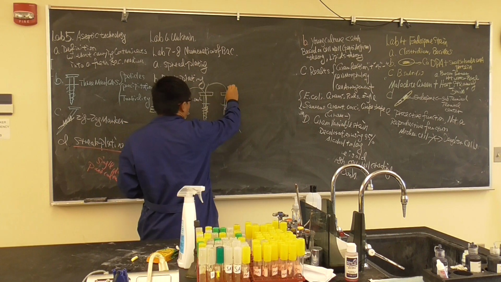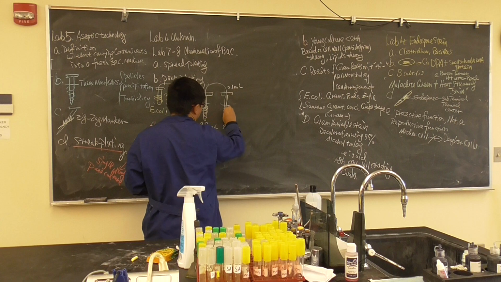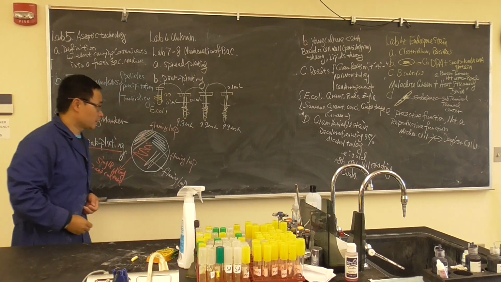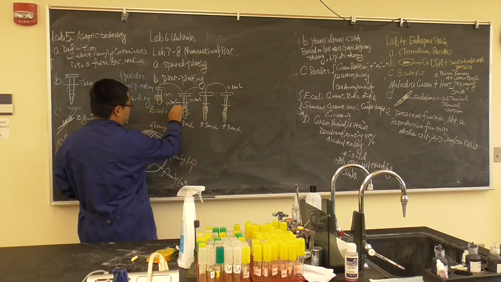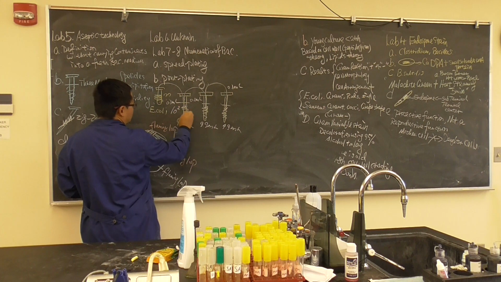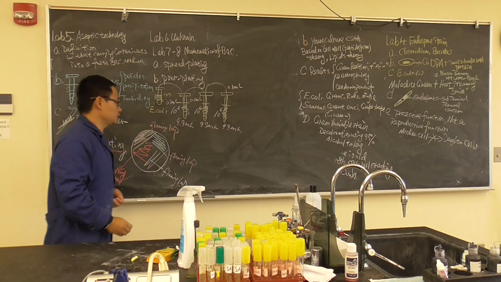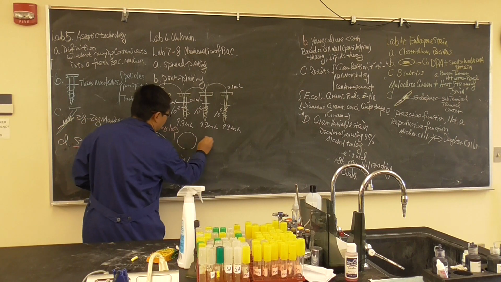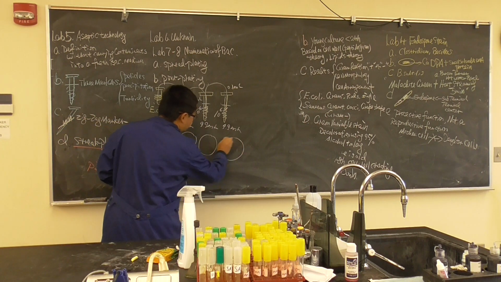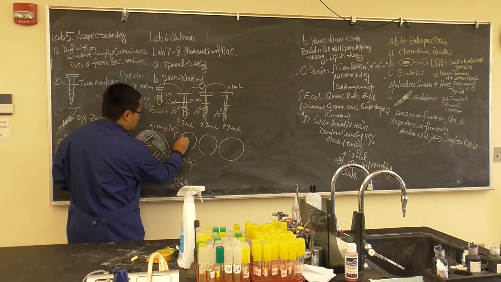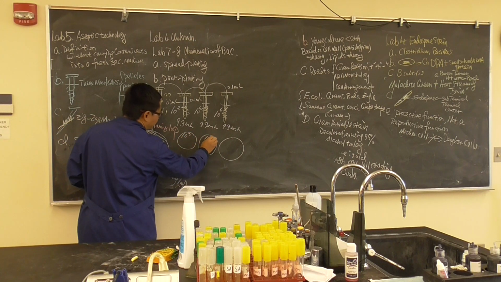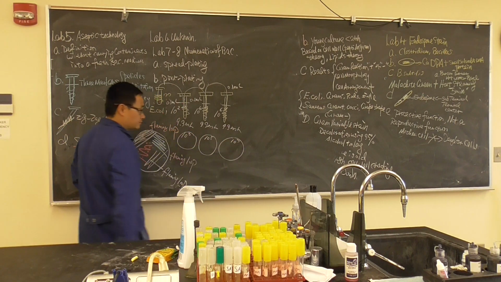Then we add 0.1 ml to the last one, and mix very well. So what is the dilution of the tubes? 10 to the 2, 10 to the 4, and 10 to the 6. What is the dilution factor of the agar plates? 10 times more than the tube dilution. So it will be 10 to the 3, 10 to the 5, and 10 to the 7.